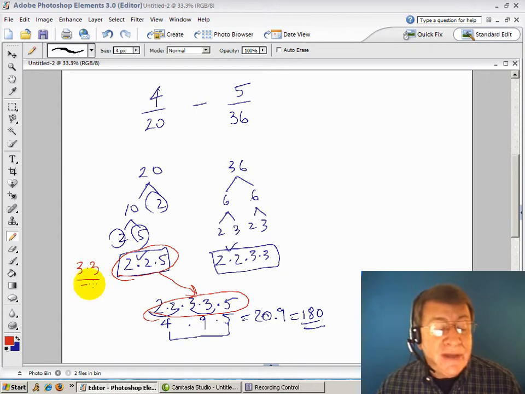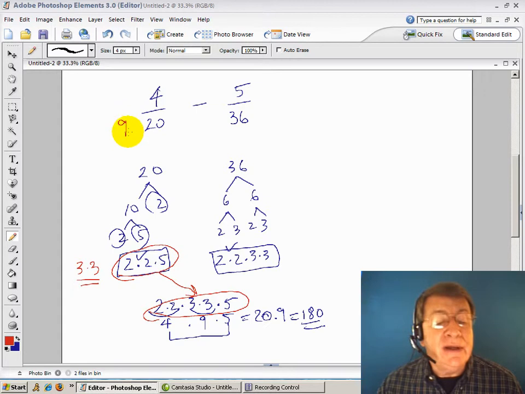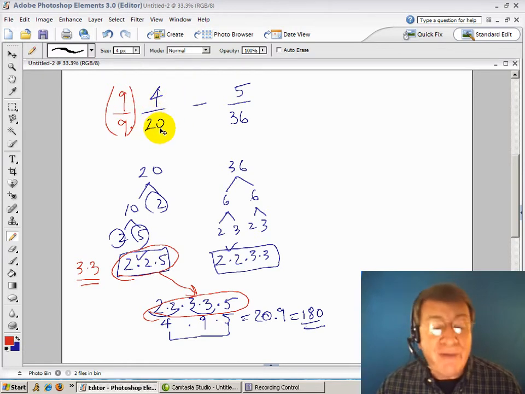So the only thing that's left are these 2 3s, and 3 times 3 makes 9. And magically, if you multiply these out, you'll notice that you get 180, but we'll do it simply, just by observing what's missing. If I do it to the bottom, I need to do it to the top, so I can preserve the value of my fraction if we multiply it by 1.